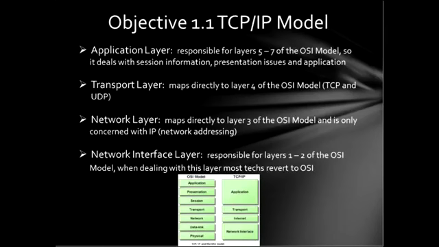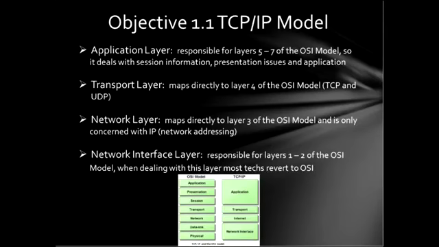The transport layer of the TCP/IP model maps directly to the transport layer of the OSI model. And again, that's TCP and UDP. And the network layer, again, maps directly to layer 3 of the OSI model, and that's IP, a networking address. Now the TCP/IP model takes the last 2, which are the data link and physical, and rolls them into one called the network interface layer.